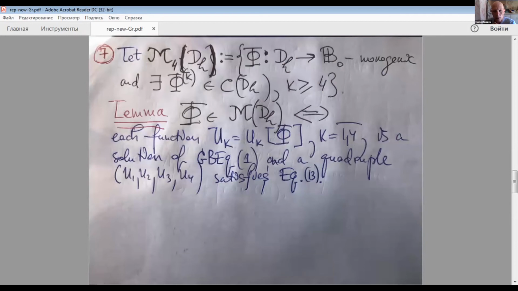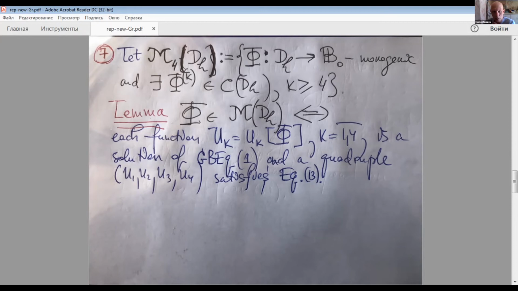It's important for us to restrict our attention to some particular monogenic functions. This is a function which is monogenic in the domain D zeta and has derivatives of order more than 4.